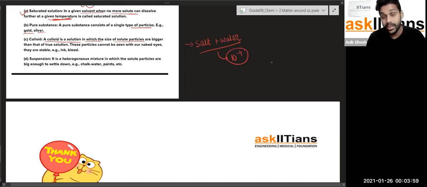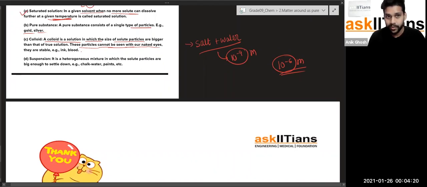For a colloidal solution, the particle size is up to 10 to the power minus 6 meters. So the particle sizes are bigger. You cannot see those particles with our naked eye.